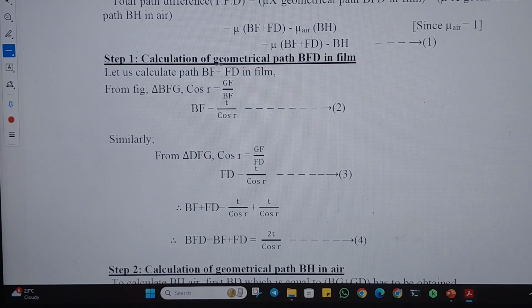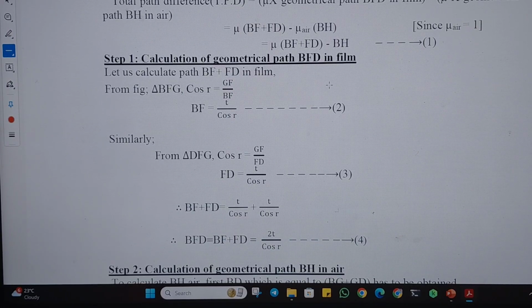So what will be the path difference? The total path difference should be between air and within the glass surface. First, the calculation of the geometrical path BFD in the film, that is BF plus FD in the film.